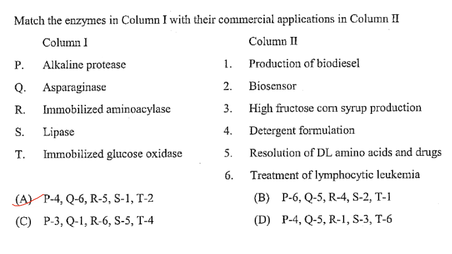Immobilized Q5 is given in option D, so it is not correct. Then immobilized aminoacylase. Immobilized aminoacylase is used in resolution of D and L amino acids and drugs. R5. Lipase is used in production of biodiesel and immobilized glucose oxidase is used as a biosensor. It is used in biosensor. So the answer here is option A.